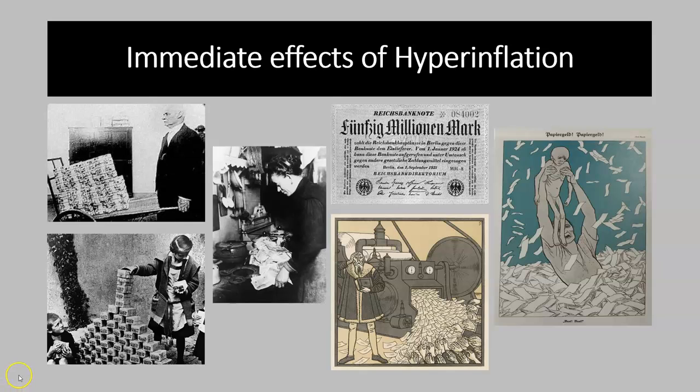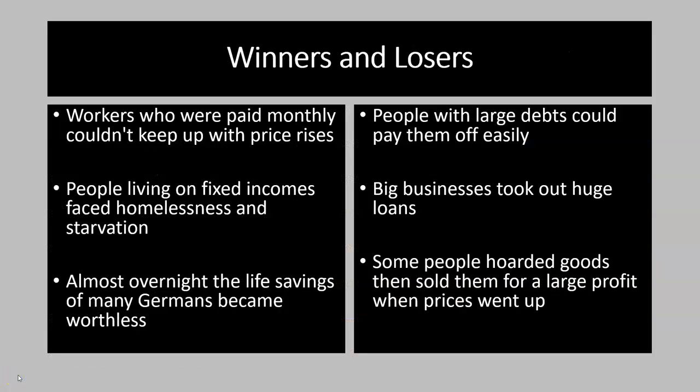it was to buy coal. As with any economic crisis, there were winners and losers from hyperinflation. As I've already mentioned, some workers were paid twice a day, but other workers were only paid monthly and they simply couldn't keep up with the price rises. Things were even harder for those people who lived on fixed incomes.